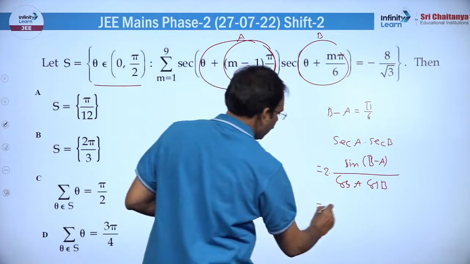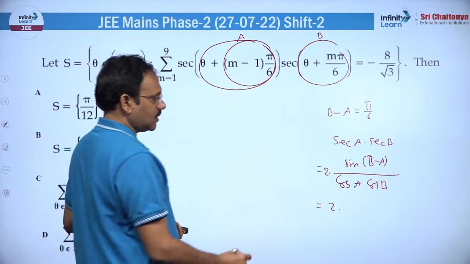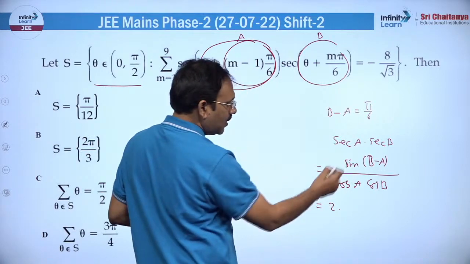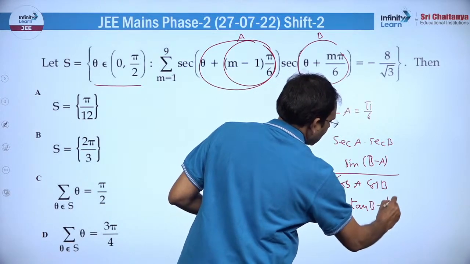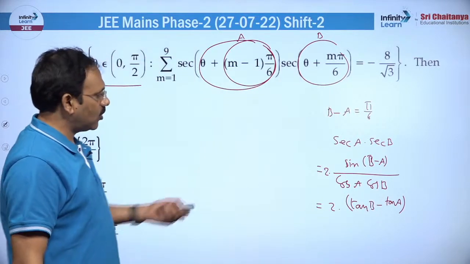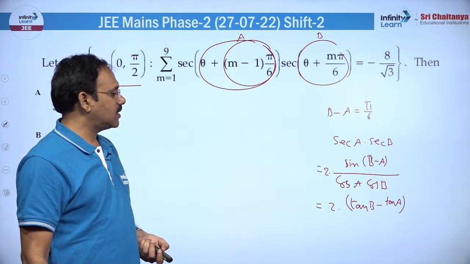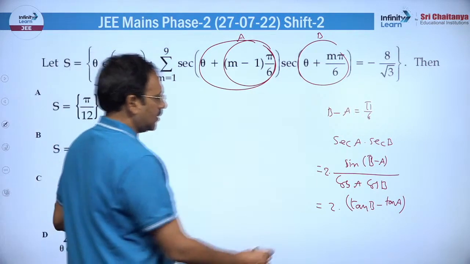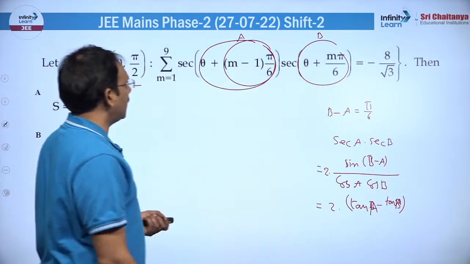So that, friends, if you expand sin B minus A by cos A cos B, in the sense you will get tan B minus tan A, you are going to get twice of tan B minus tan A, fine, my dear friends.